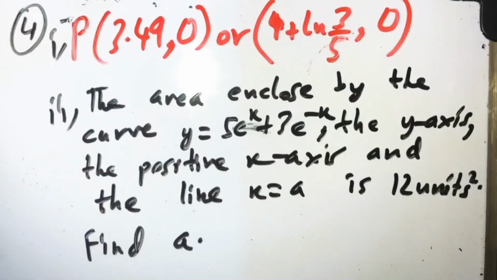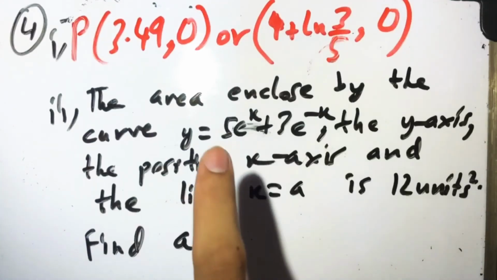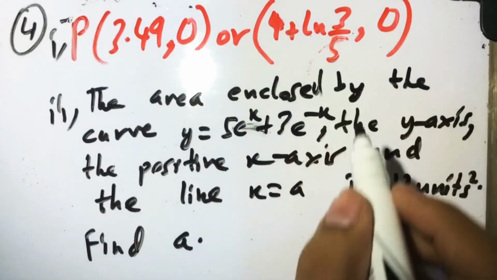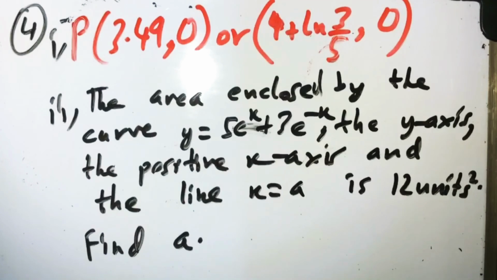Now in this question we haven't been given the graph. They're saying that the area enclosed by the curve, the y-axis and the positive x-axis and the line x equals a is 12 units square. Find a.